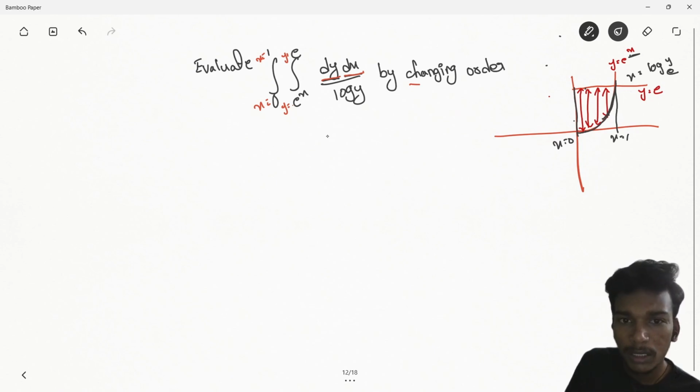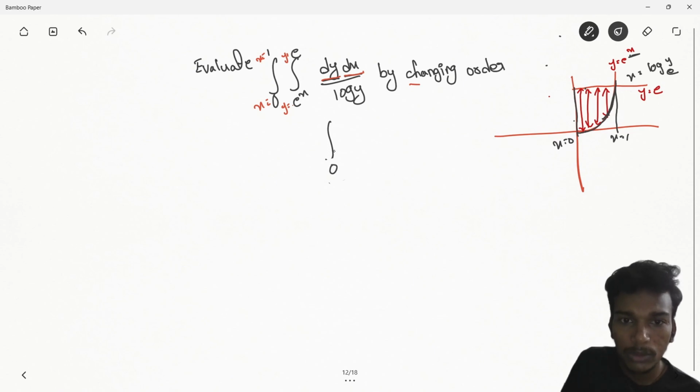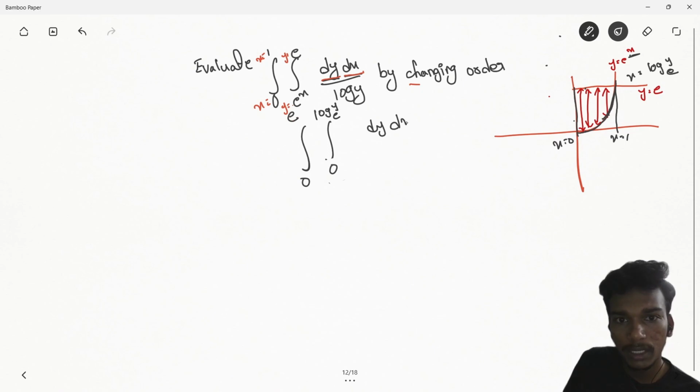Now I am going to change the limits of this curve. From 0 to log y base e. We are starting from here and going to here, right? From 0 to log y base e. And the limits of y will become from y is equal to 0 to e. The same function will be there, dx dy, by log y.